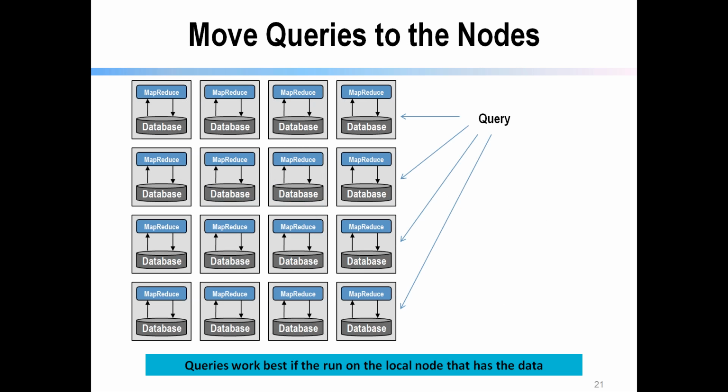And they frequently do that by accessing their local disk. That means they're not sending a huge amount of data traffic. Maybe some of the results of a query might go across the network. But in general, it's going to give you the perception that you have one large database all working together. Queries really work best if they're doing the queries on the local nodes that have their data. And that's a common theme that's coming up over and over again.